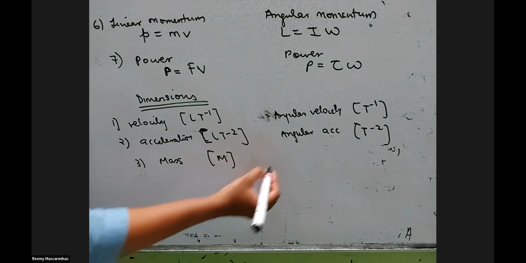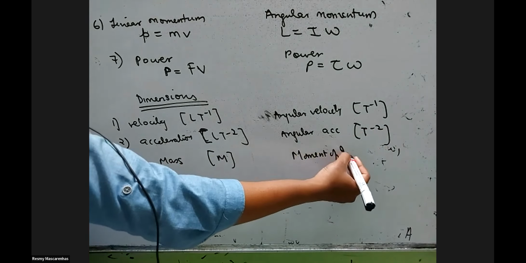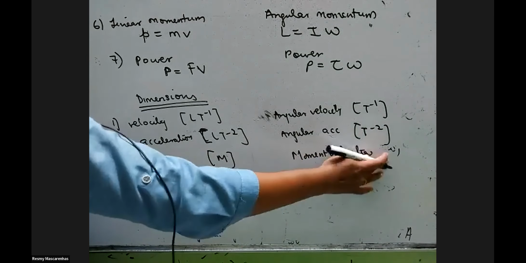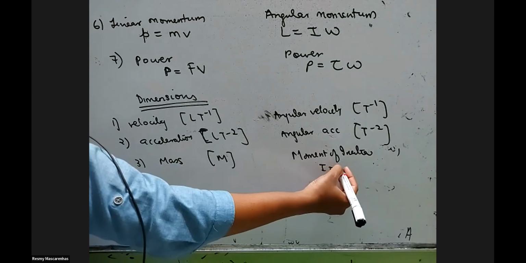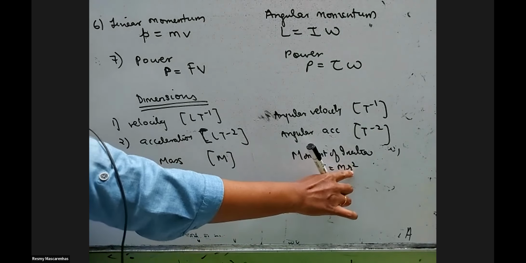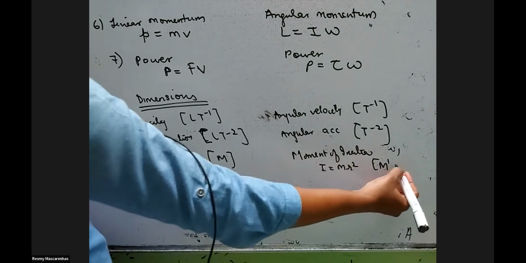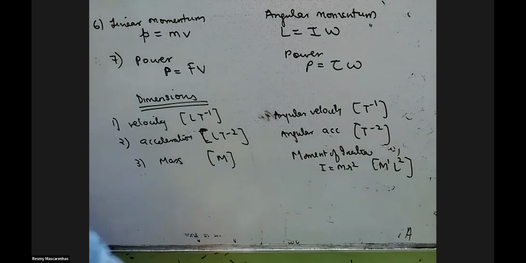Mass is only M. Moment of inertia. Moment of inertia, you know that it is mr square. So this is your what? Mass, and this is your length. So M will be 1, length will be 2.